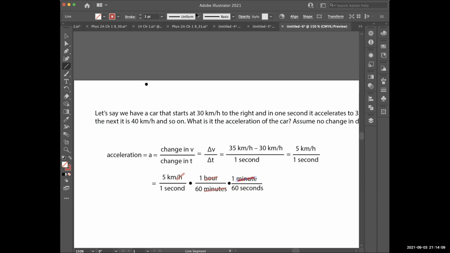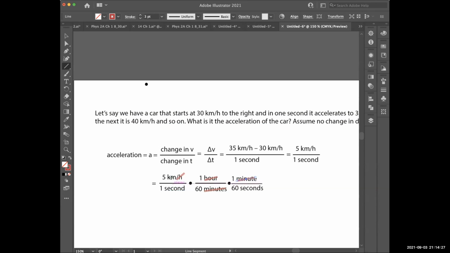Does this make sense, Brandon? Yeah, in my head, I thought that in order for them to cancel, it would have to be like denominator against numerator and stuff like that. Like, you thought I was canceling out the seconds. No, I'm not.